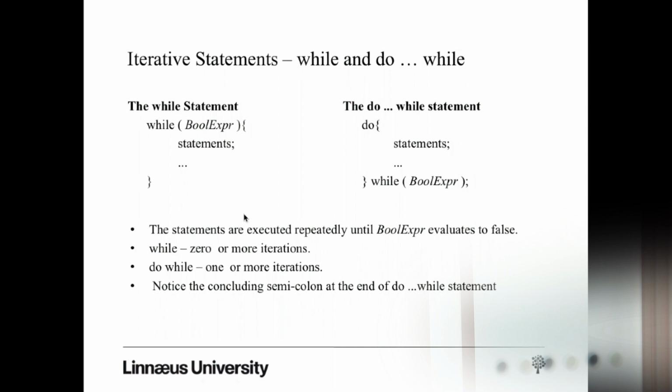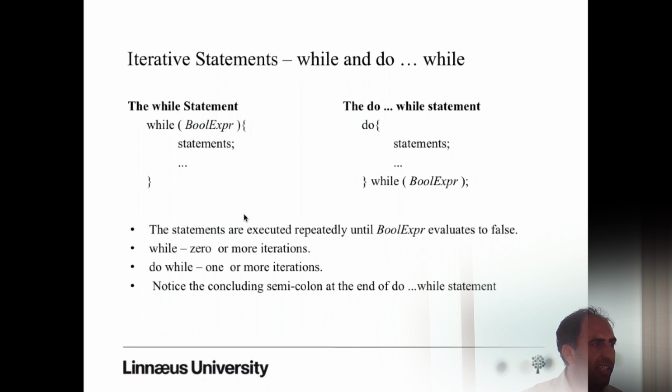But in the do while, the body or the statements come first, and the Boolean expression comes at the end. So it means the do while loop will always execute at least once, even if your condition is false in the first execution.